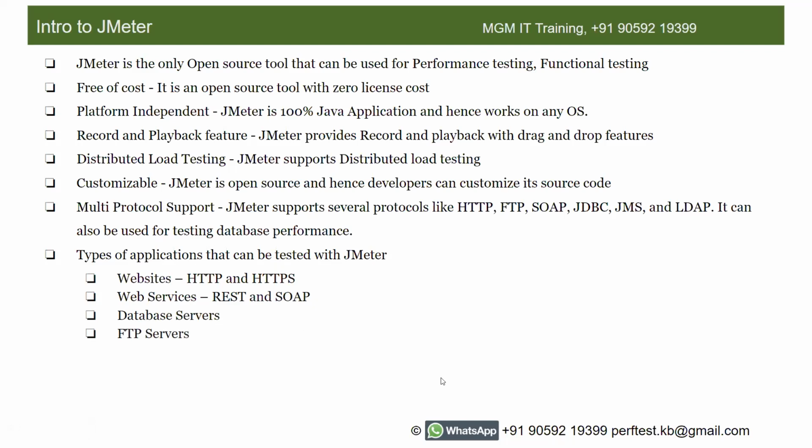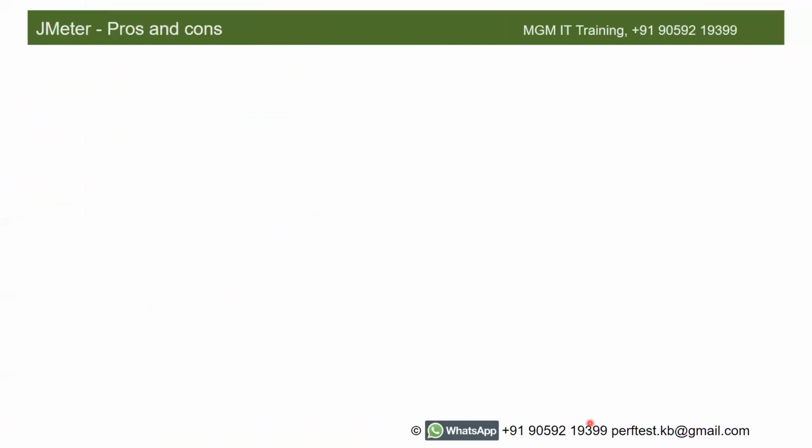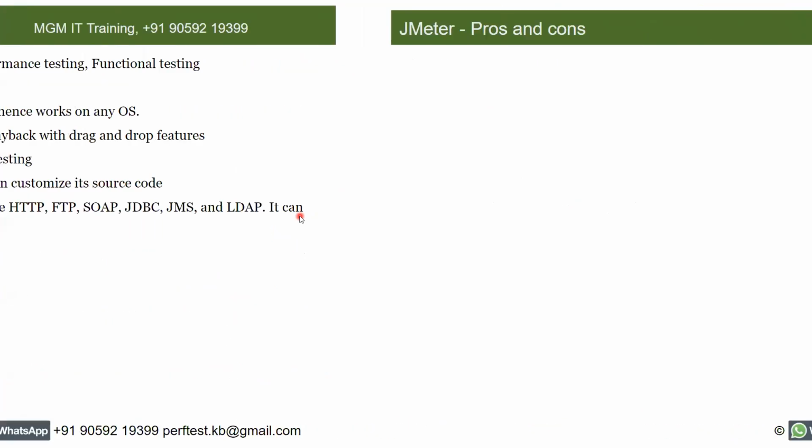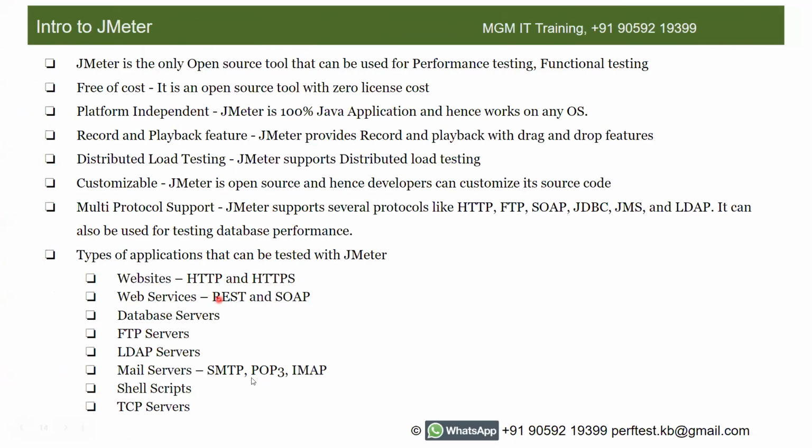And JMeter can be used to test FTP servers, LDAP servers and mail servers like SMTP, POP3 and IMAP, and shell scripts and TCP servers, and so on. These are the different types of applications that can be tested with JMeter.